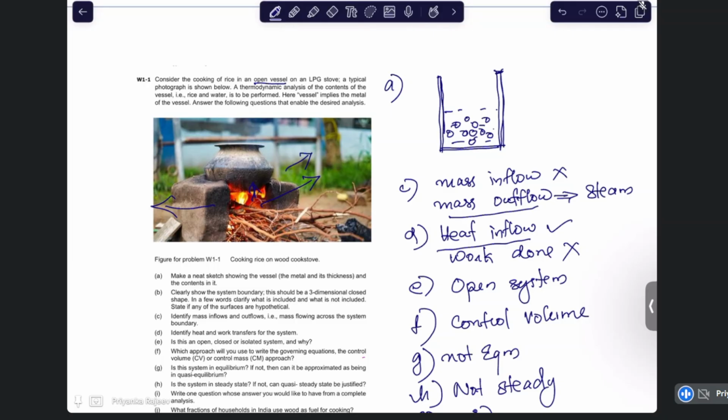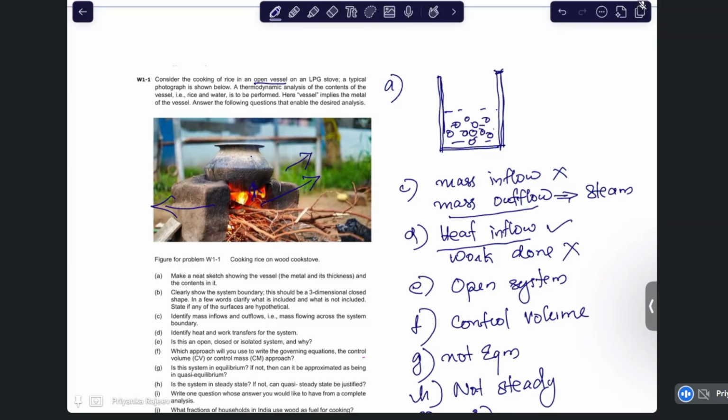Again, the thermal conductivity of the material under consideration will also affect the heat transfer. So most of the heat will be absorbed by the vessel itself, and only a part of that will be going to the cooking material, the food that is inside the vessel.